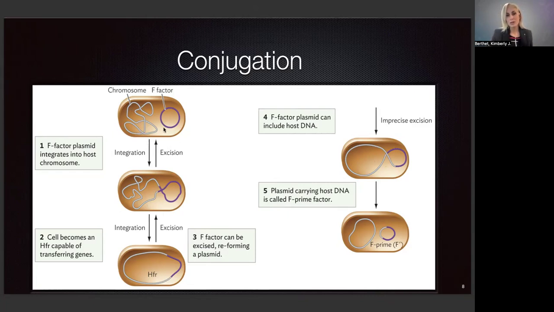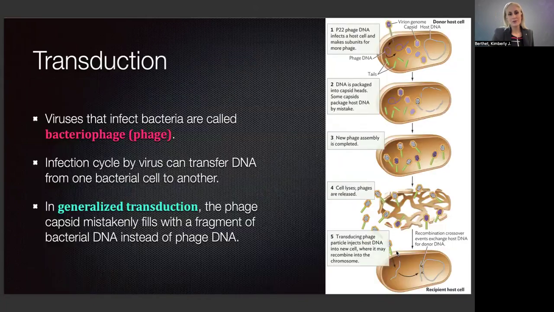So they're separate from one another. What happens in this one here, we have imprecise excision, meaning when the crossover event occurs, it crosses over at the wrong place. When the plasmid excises itself from the chromosome, it takes some of the host DNA with it. So here we have an F prime situation. Okay, so let's go ahead and move on.